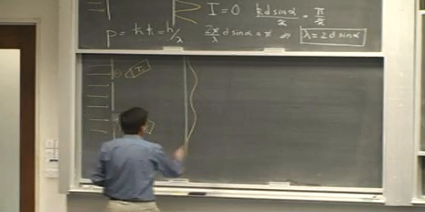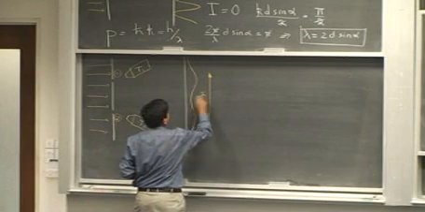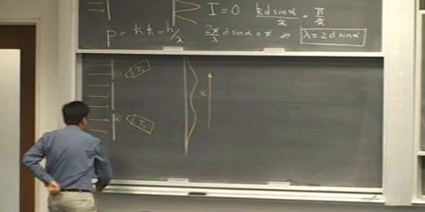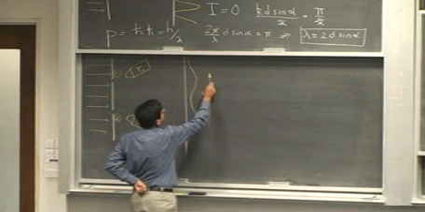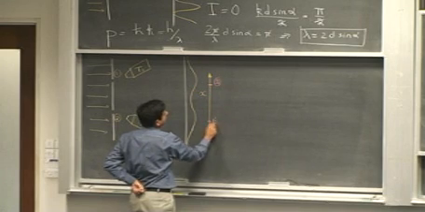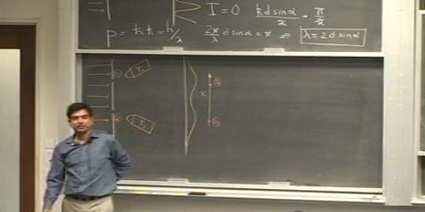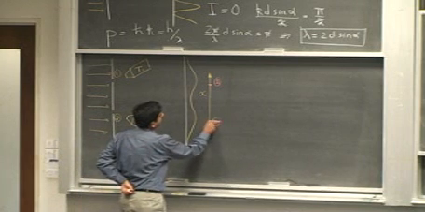So if this axis is the x-axis, either a click is observed at the position of slit 1 or a click is observed at the position of slit 2. So in one experiment this is going to click.